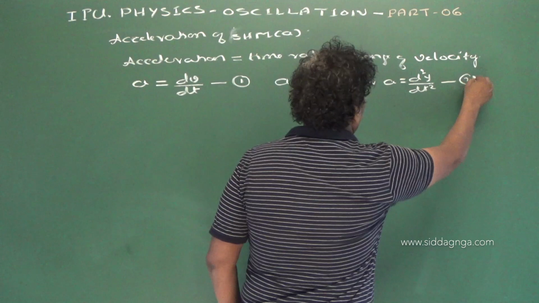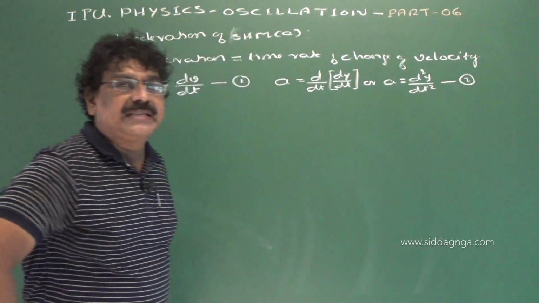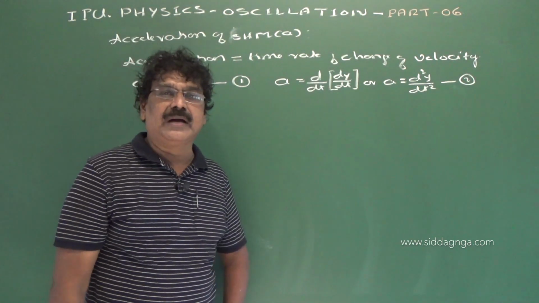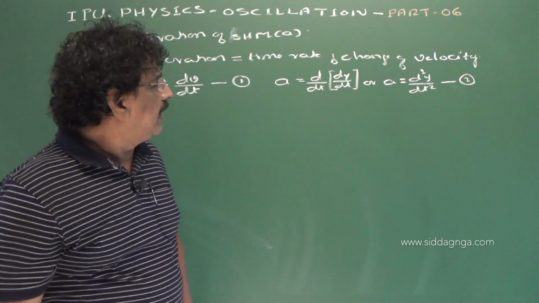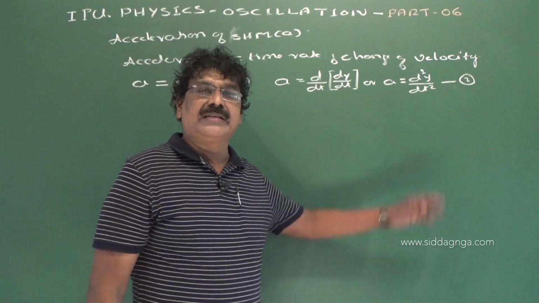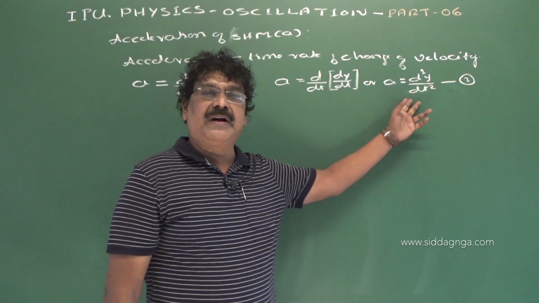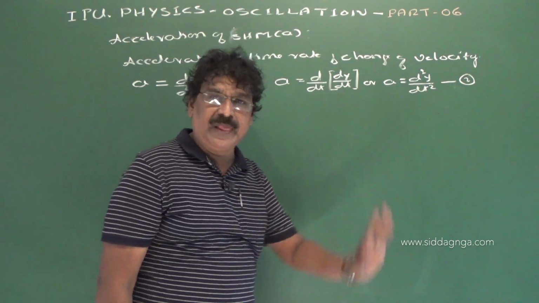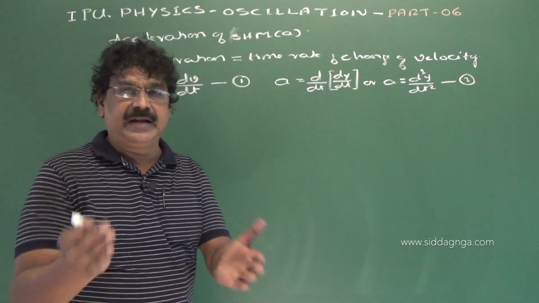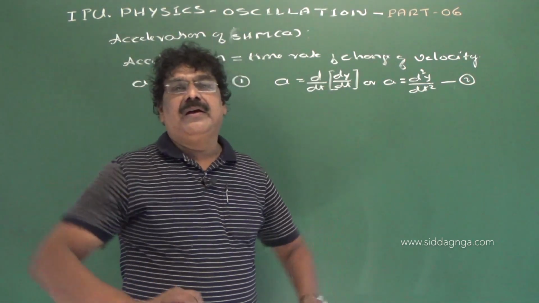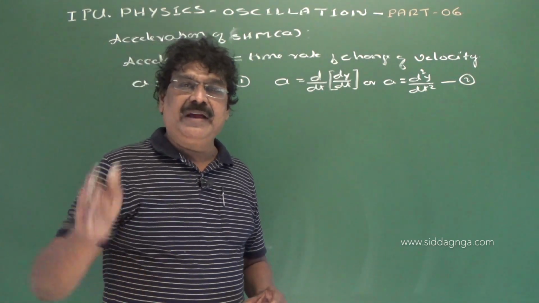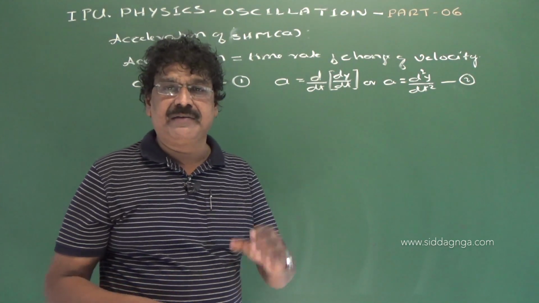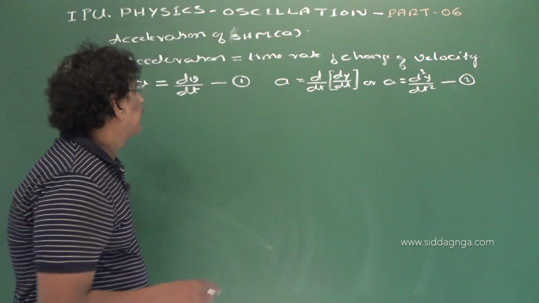Let us take it as equation 2. So acceleration is the derivative of velocity with respect to time, and also acceleration is the second order derivative of displacement with respect to time. That means when we differentiate displacement, we get velocity. When we differentiate velocity, we get acceleration.